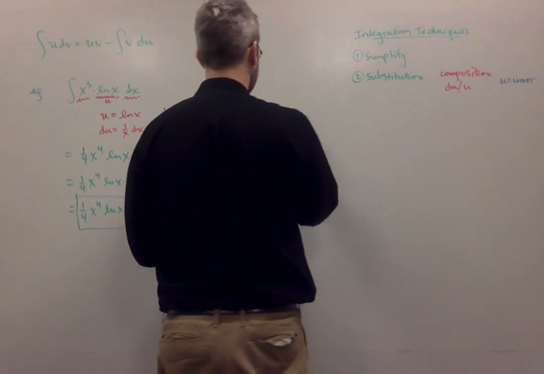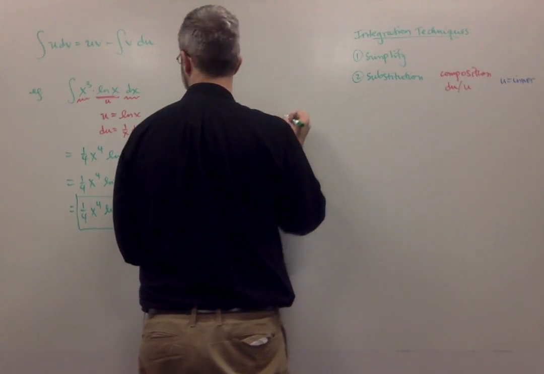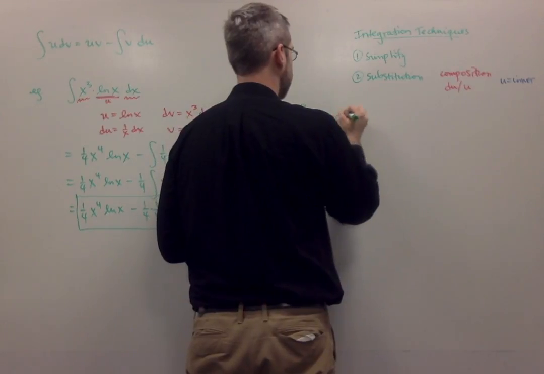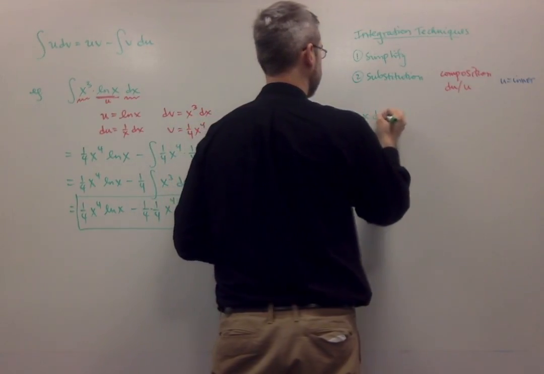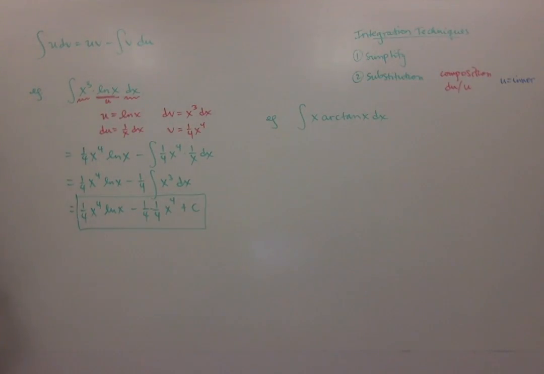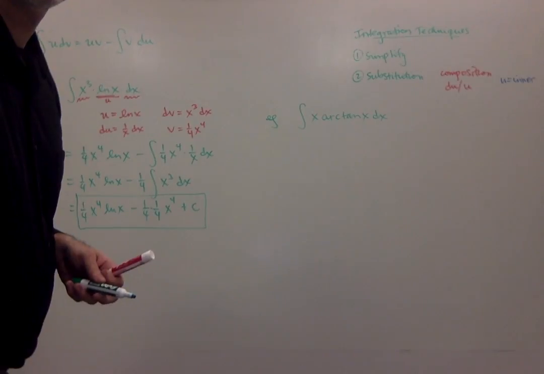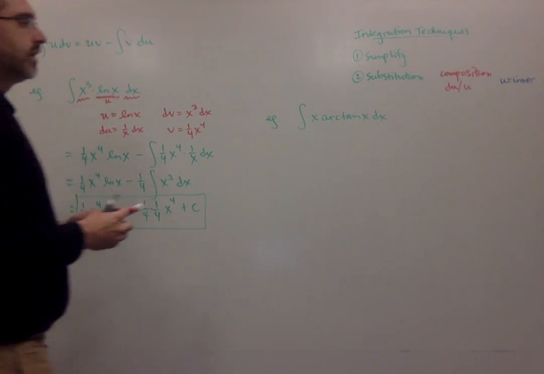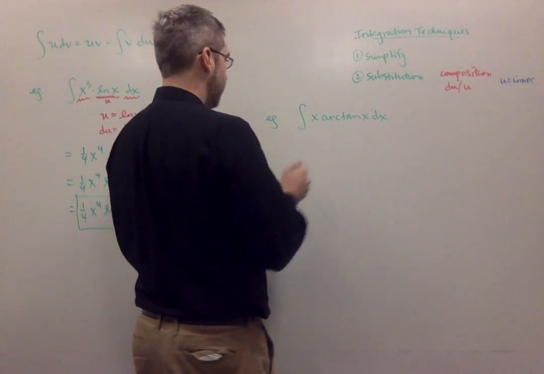Okay. Let's do another example here. Let's try the integral of x times arctangent of x. Okay, so again, I see a product here.